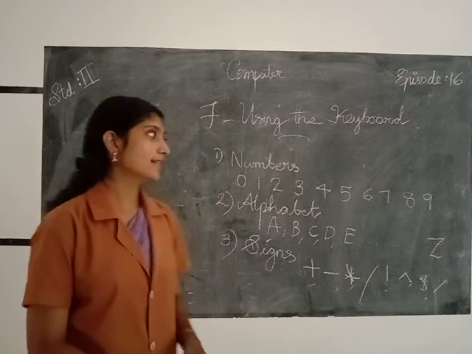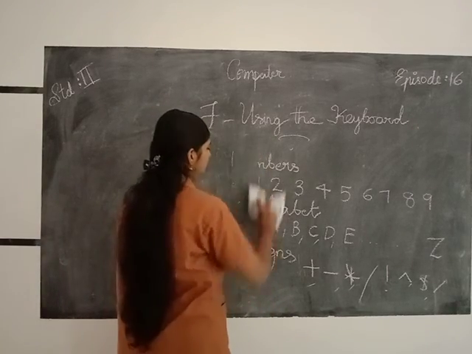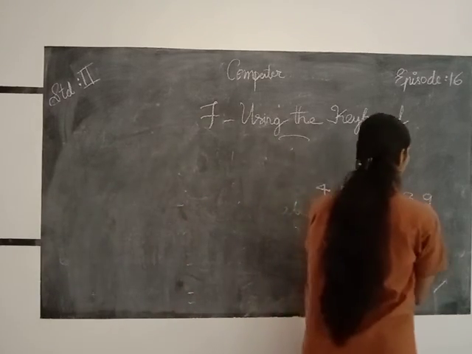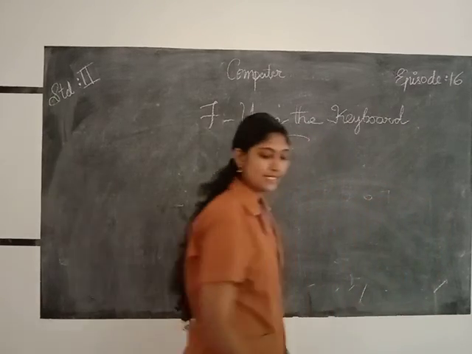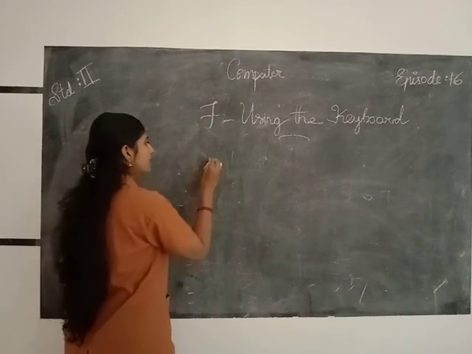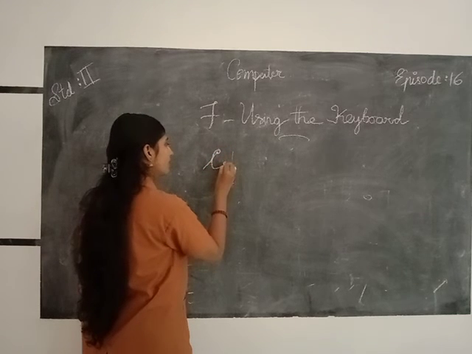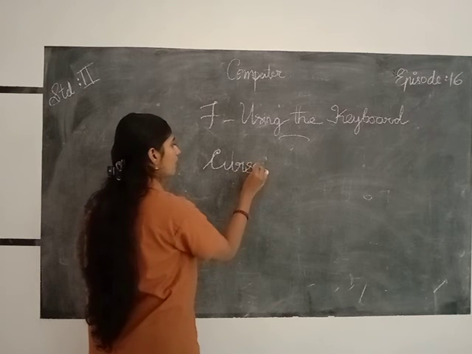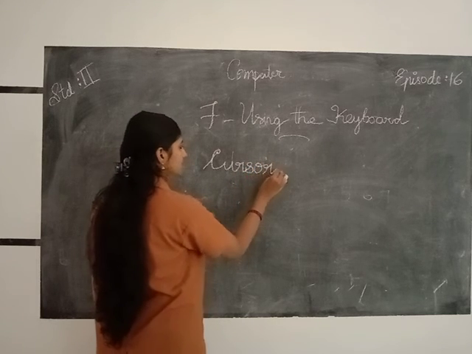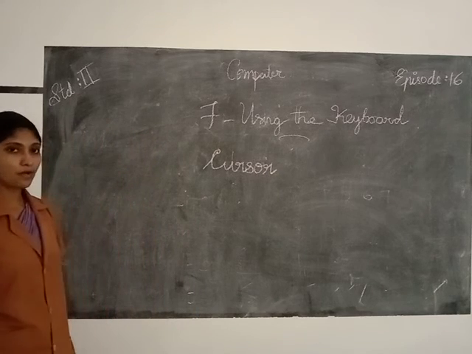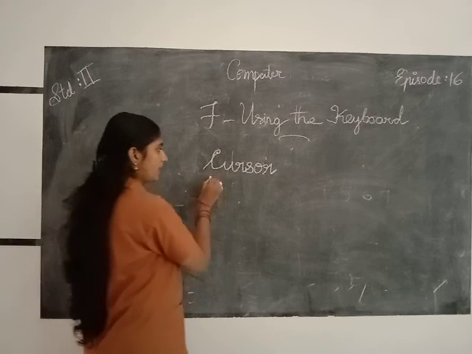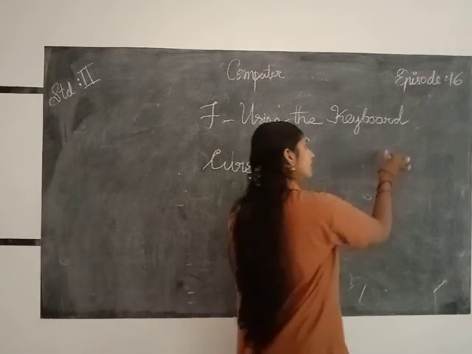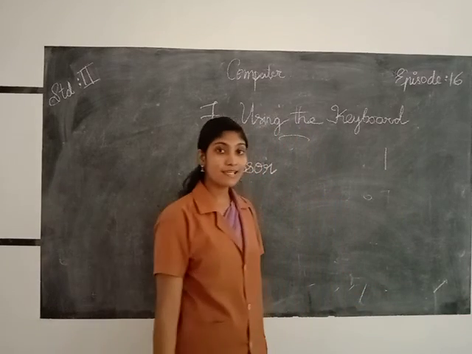Then next is cursor. How does it spell? C U R S O R. Cursor means a small blinking line.